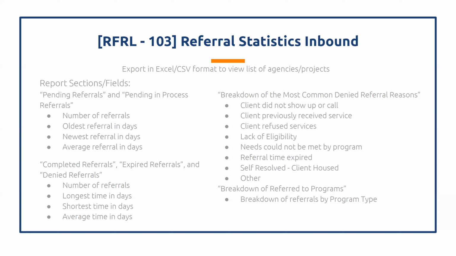The last two sections of the report are the breakdown of the most common denied referral reasons and the breakdown of referred to programs. Review the paragraph at the top of the report for additional information on the report itself.